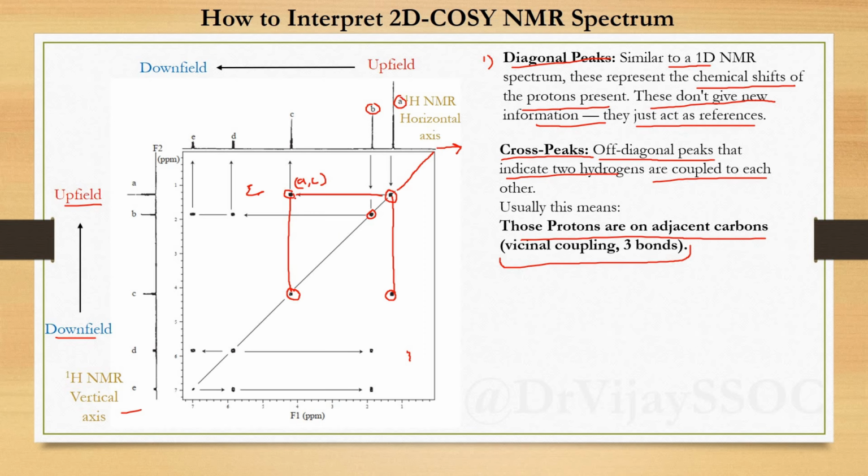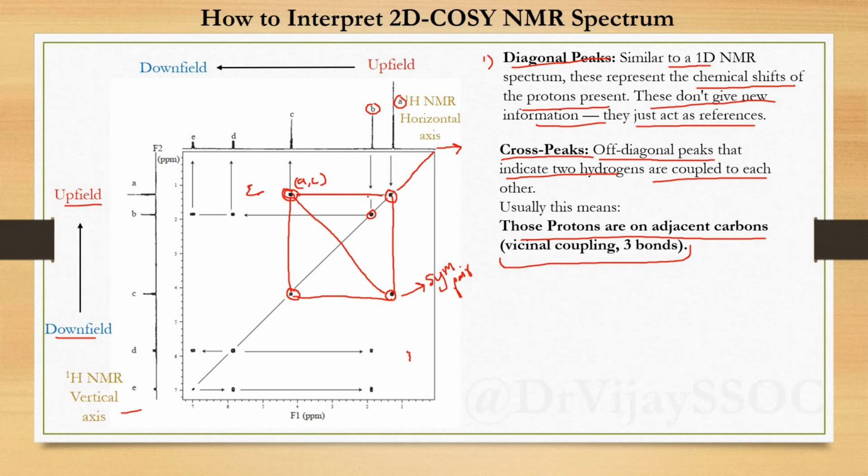So this is like a mirror image. And if you connect these, it makes a square. If you see the formation of a square, then you can clearly say that this is the real cross peak. If you don't see the cross peak on the other side of the diagonal, then it means this is not a real cross peak, or we can call it a symmetric pair.